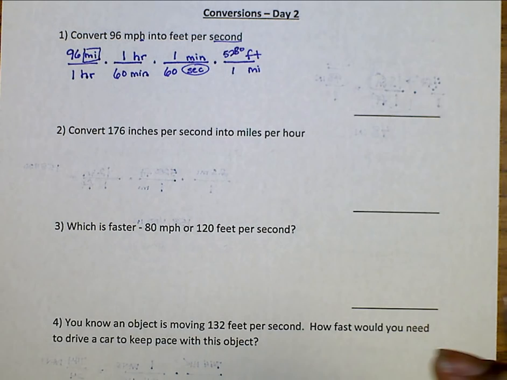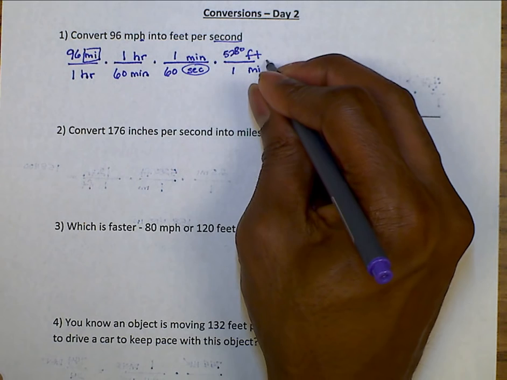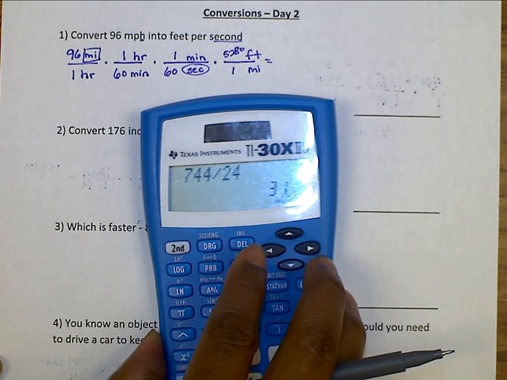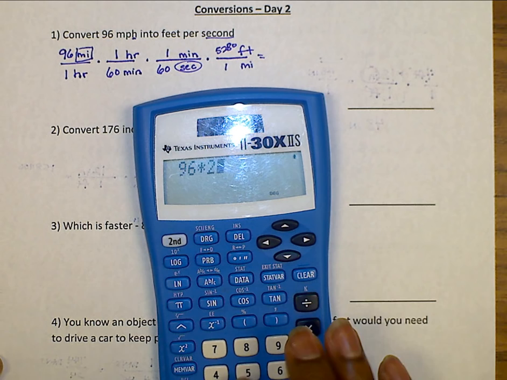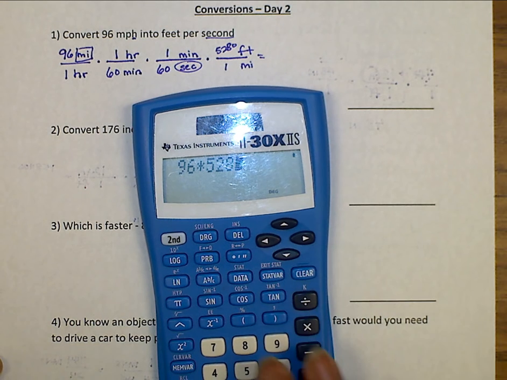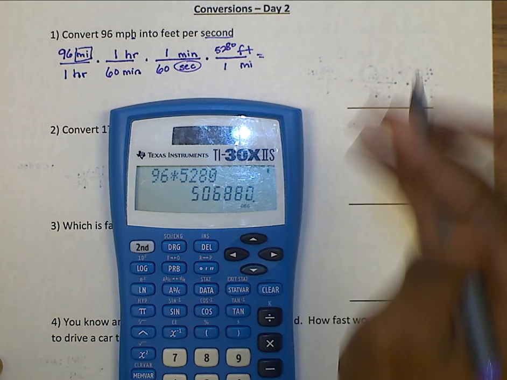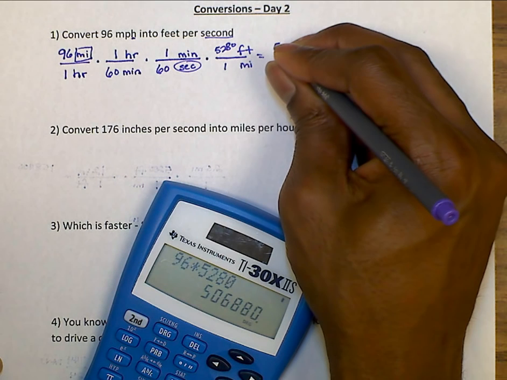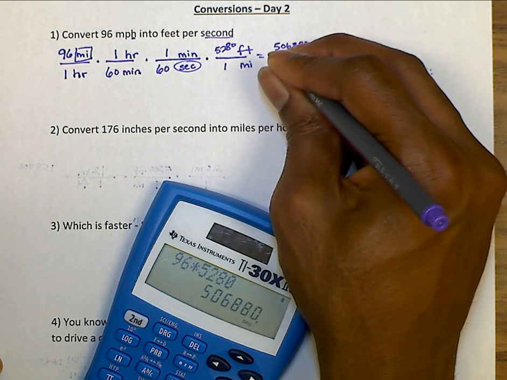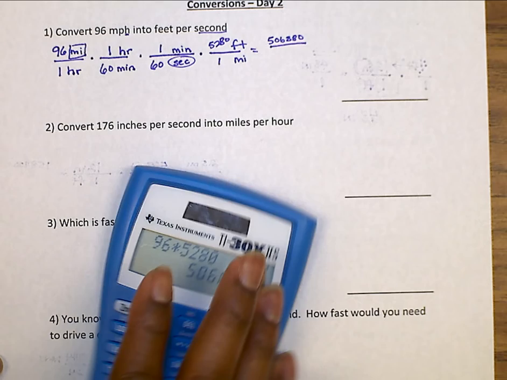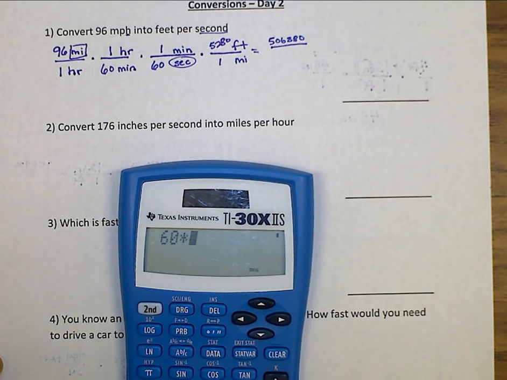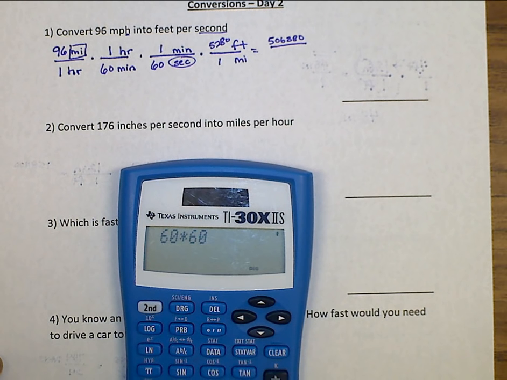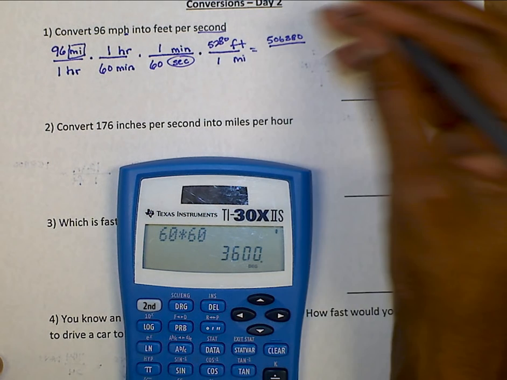And so now I do my math problem, multiply straight across. In the numerator, I'll have 96 times 5,280, and that's 506,880. And in the denominator, I'll multiply 60 times 60, and that gives me 3,600.